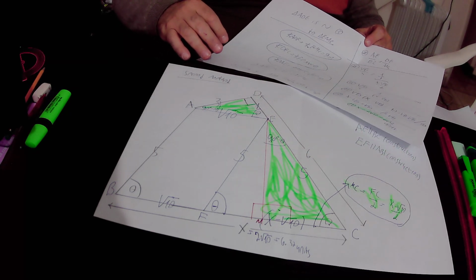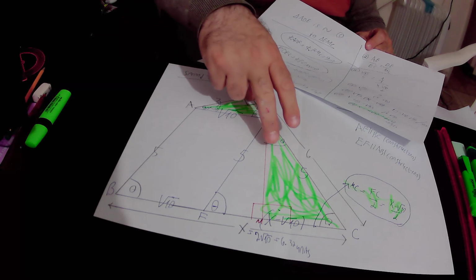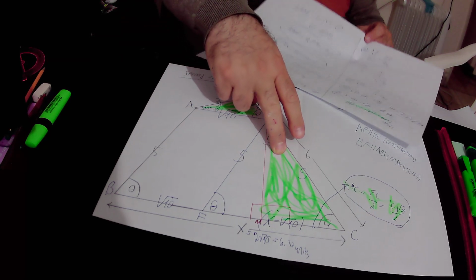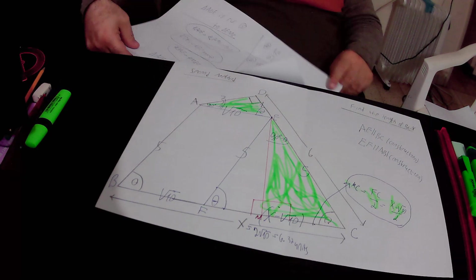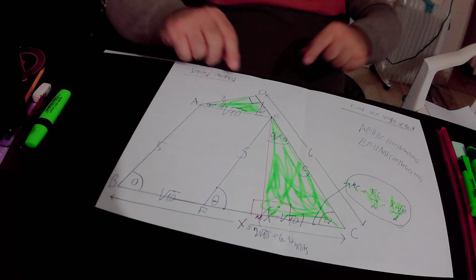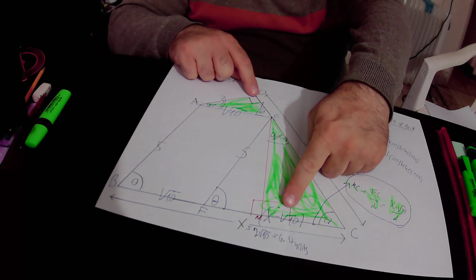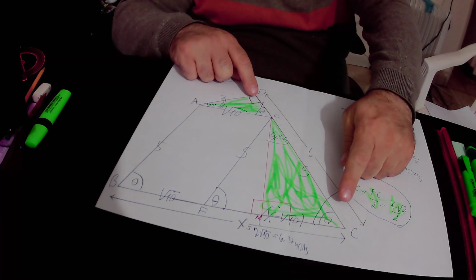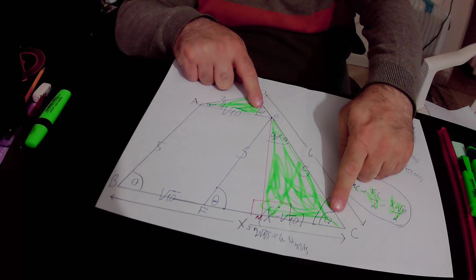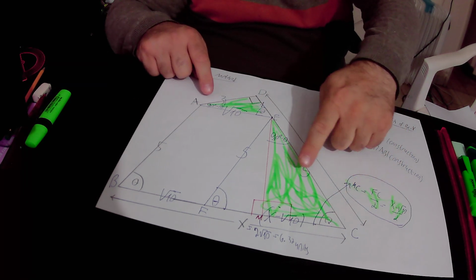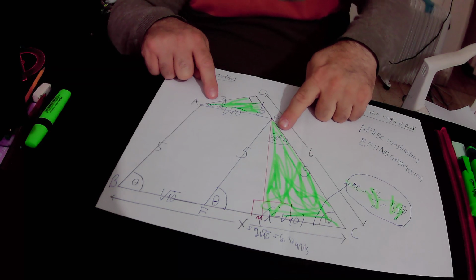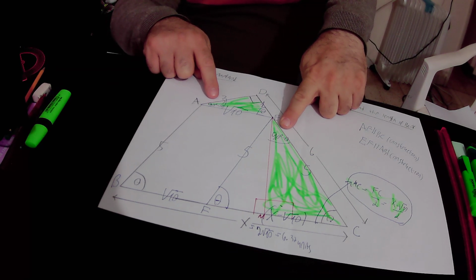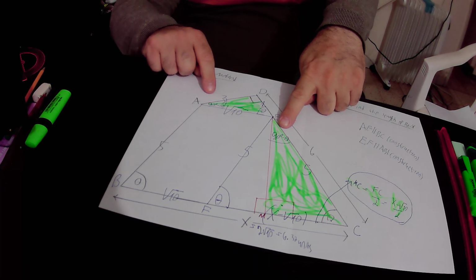In the next step, we prove that those two right-angled triangles are similar to each other. Why? First of all, those two angles are both equal to 90 degrees. Those two angles are both equal to theta. And those two angles are both equal to 90 degrees minus theta, because if one angle is 90 degrees and another is theta, the remaining angle must be 90 degrees minus theta.